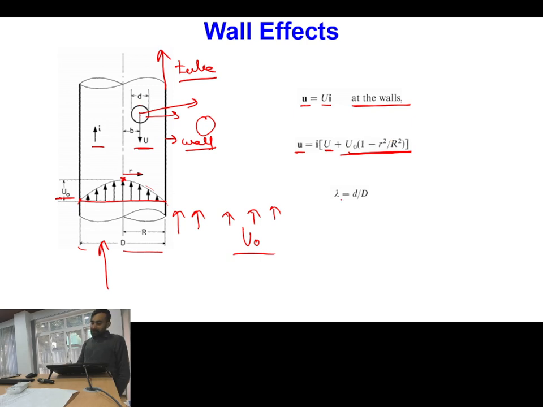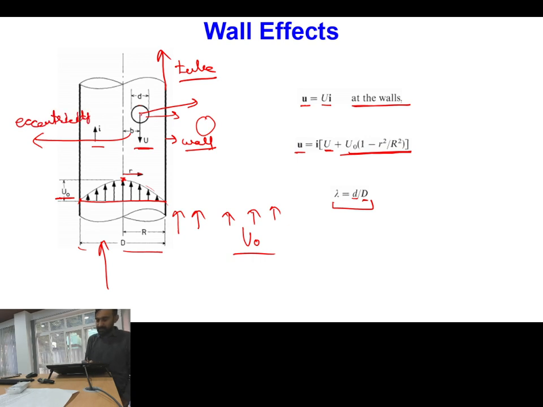And third important parameter is lambda. What is lambda? Diameter of the particle divided by diameter of the confined system, so diameter of pipe over here. And the fourth important parameter is B. What is B representing? Eccentricity.